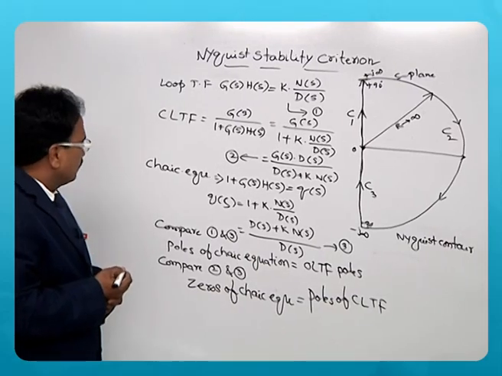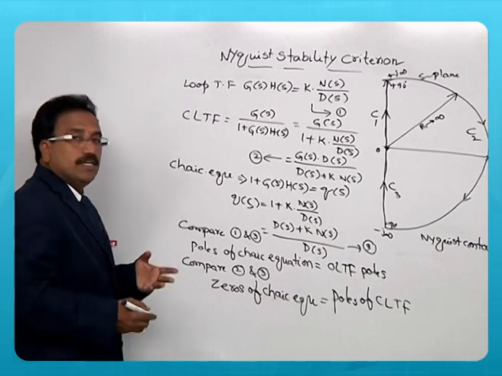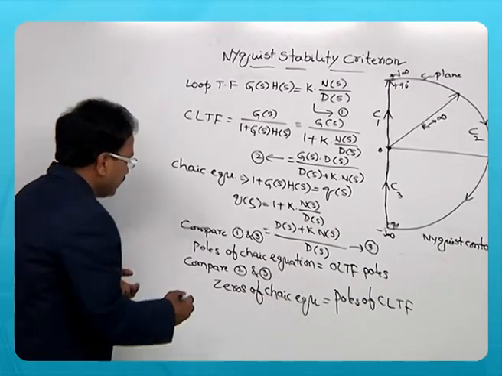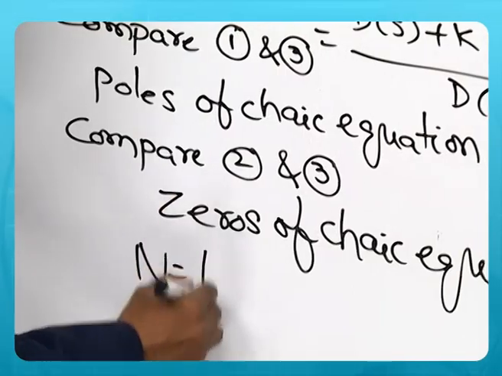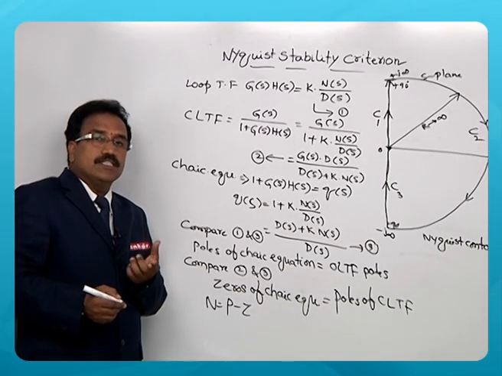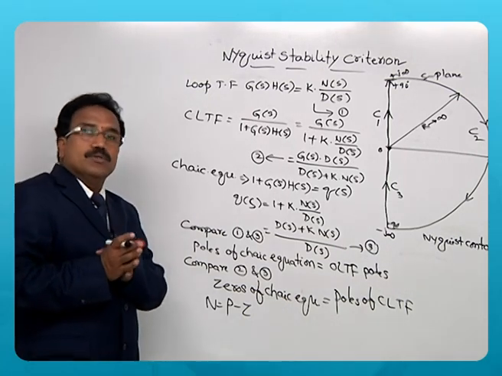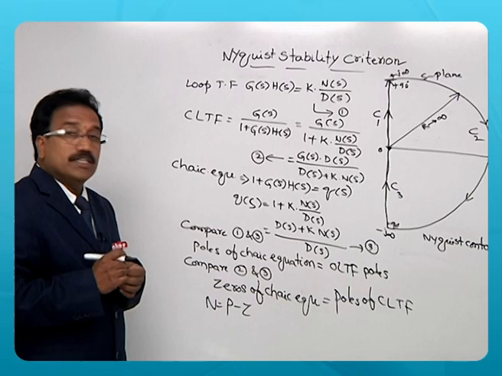Now, with this understanding, we will consider the principle of argument N is equal to P minus Z. Here, what you should consider P, what is Z, for stability of the closed loop system in the Nyquist stability criteria.